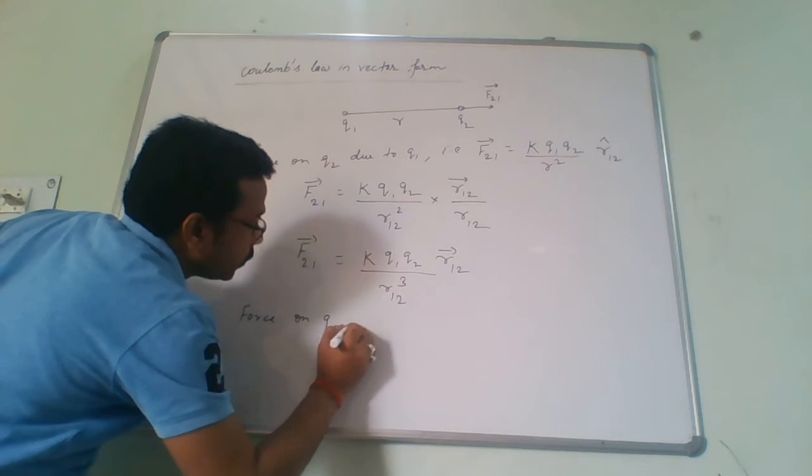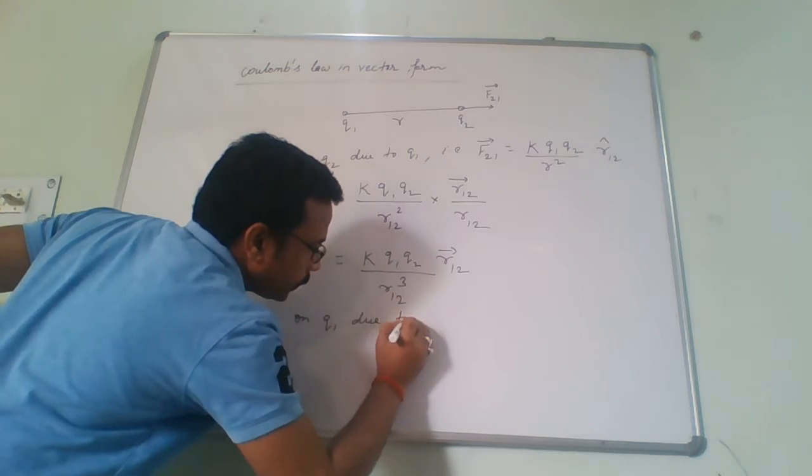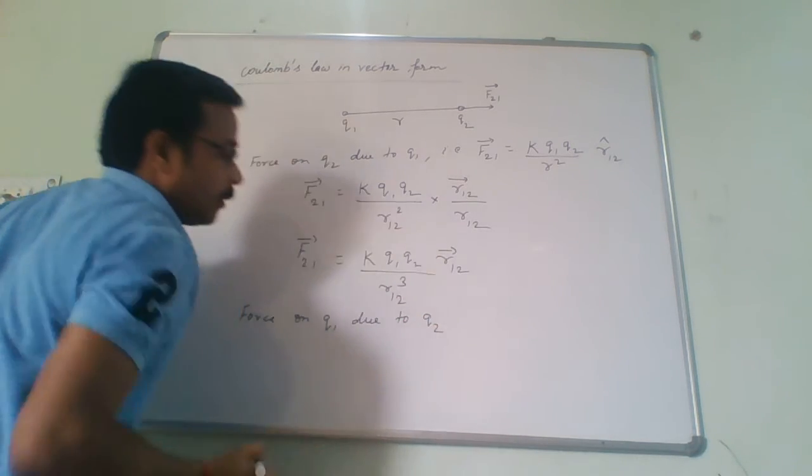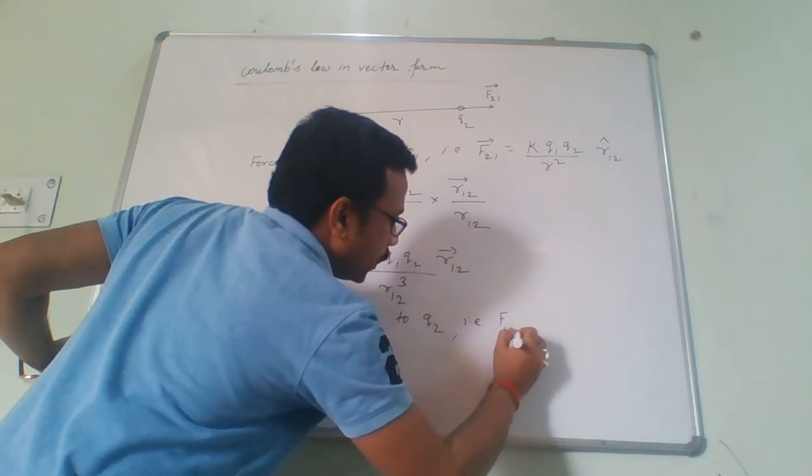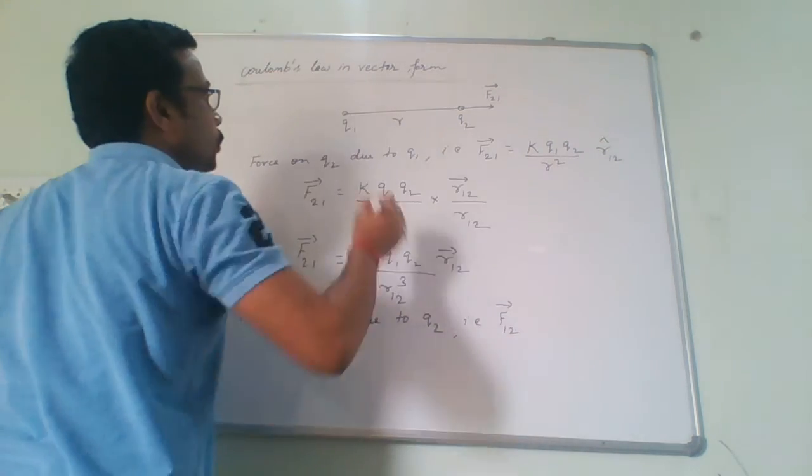Similarly, the force on q1 due to q2 may be written as F12, force on 1 due to 2.